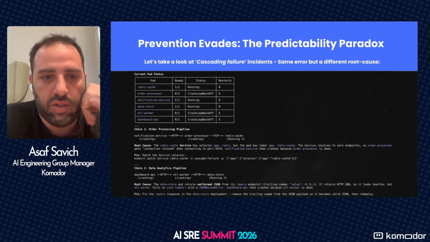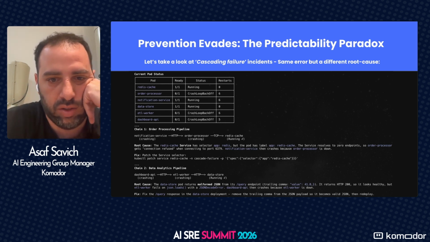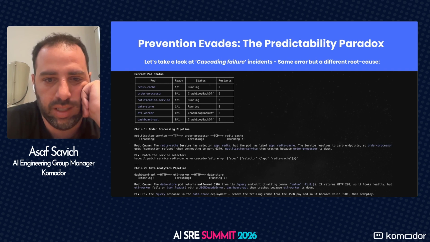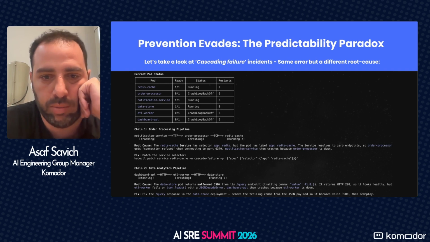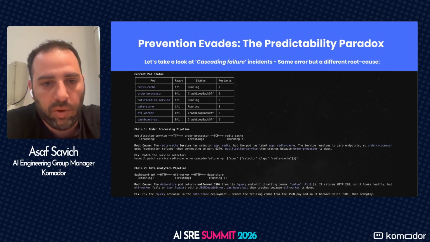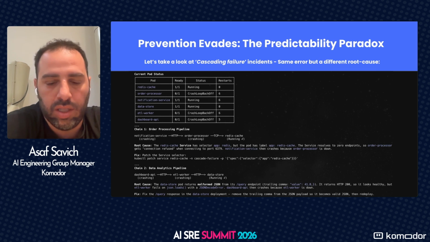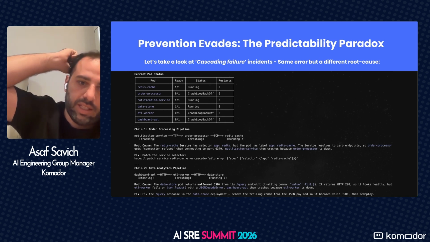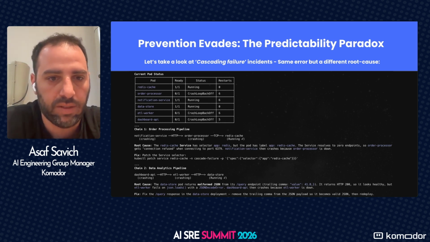The Redis cache has some kind of a selector called app Redis, which is bad. The correct selector should be app Redis cache and not app Redis. So when the order processor tries to reach a Redis that has Redis cache, it fails, right? Because the Redis cache is misconfigured.